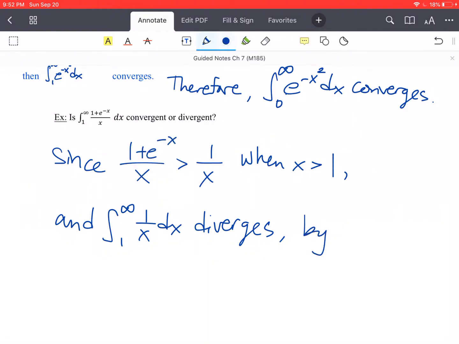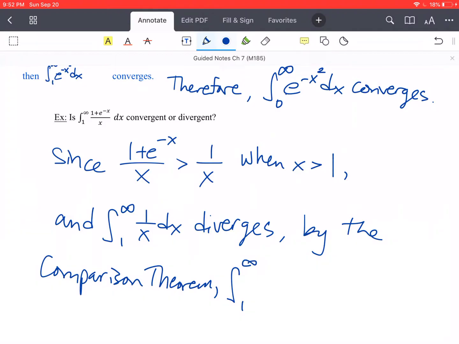Then, by the comparison theorem, the integral of this function must diverge as well.